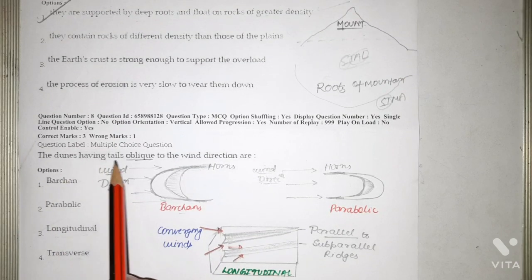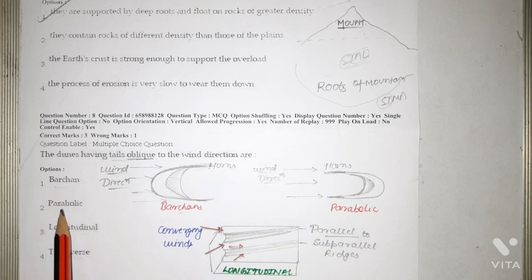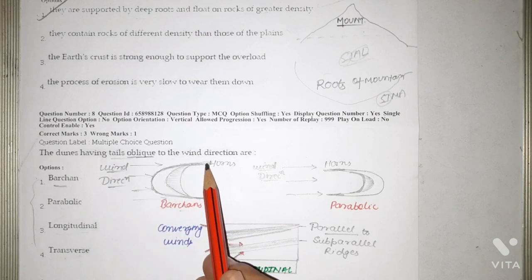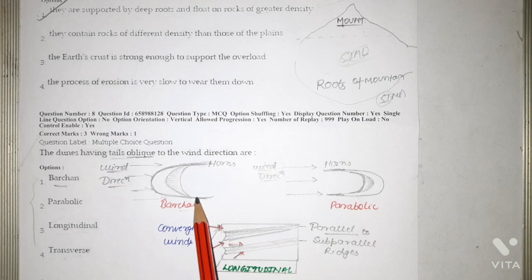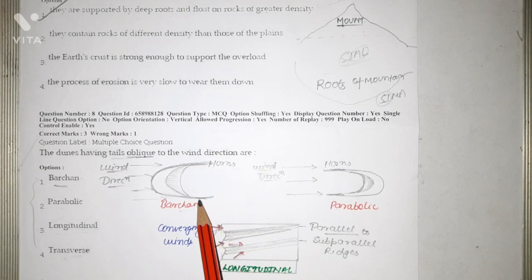The dunes having tails oblique to the wind direction are. So these are the dunes given in the options. We have to tell in which dune the tails are oblique to the wind direction. So first one is Barchan. In Barchan dunes, you will see that these are small crescent shaped dunes having two horns, and these horns point in the downwind direction, and are not oblique to the wind direction.